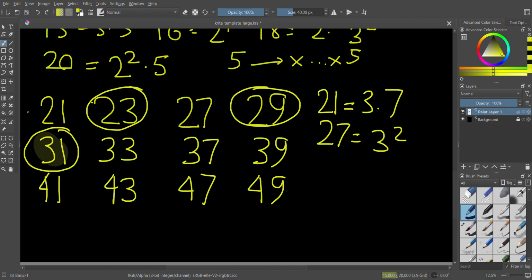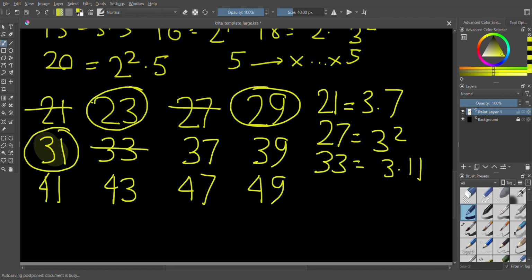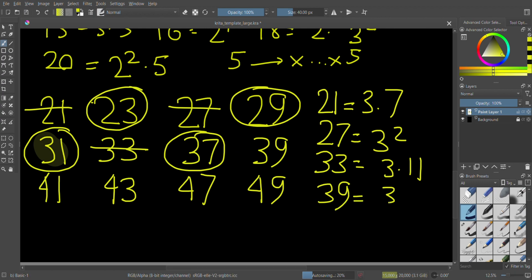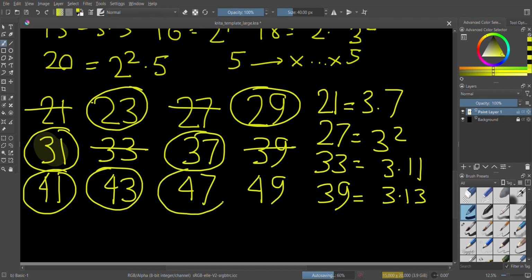Okay, so these are not prime. 33 is 3 times 11, not prime. 37 is prime. 36 would have been good, but it's even. 39 is 3 times 13, so it is not prime. 41 is prime, 43 is prime, and 47 is prime. This is a very nice pattern that does not happen too often, where we have two consecutive prime pairs.